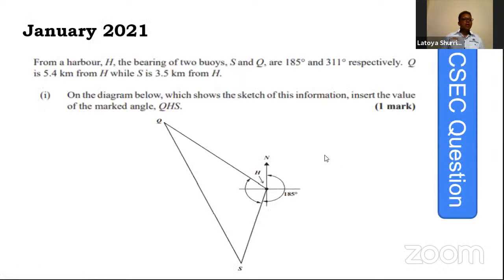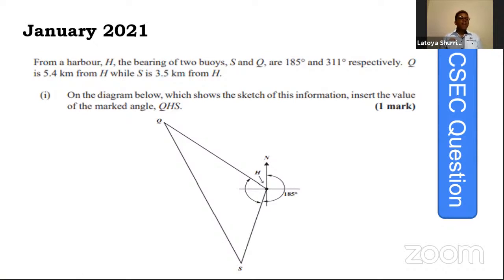Next question. From a harbor H, the bearing of 2 buoys, S and Q, are 185 degrees and 311 degrees respectively.